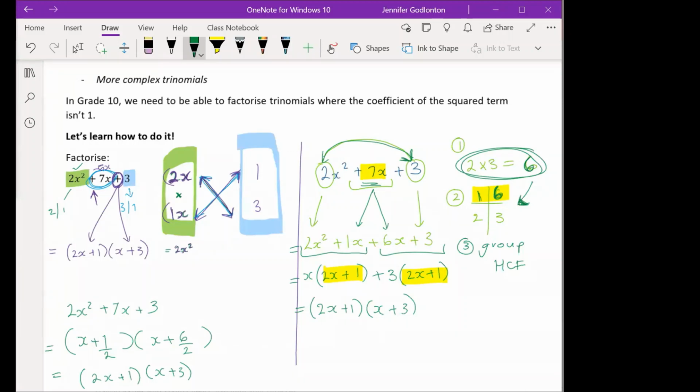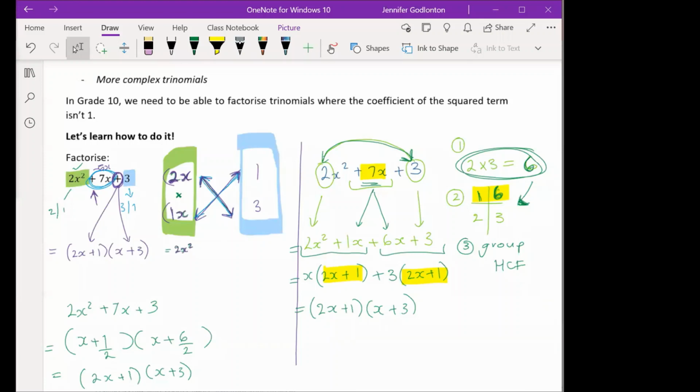Okay, ma'am. Luke, do you have a question? Ma'am, I don't understand the crisscross method and how you got the answer using the crisscross method. Basically, everything's just feeling very confusing right now.